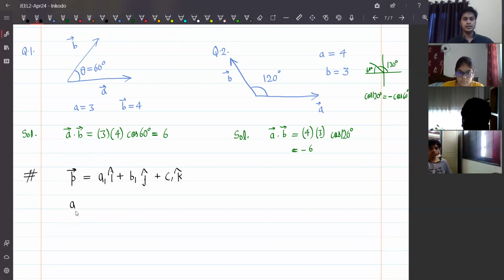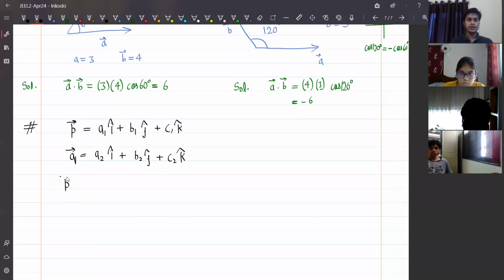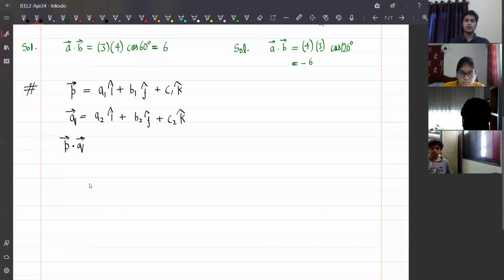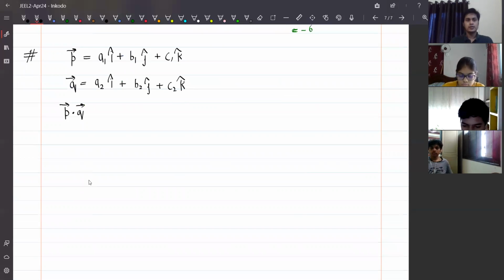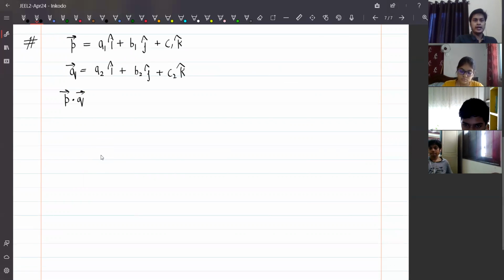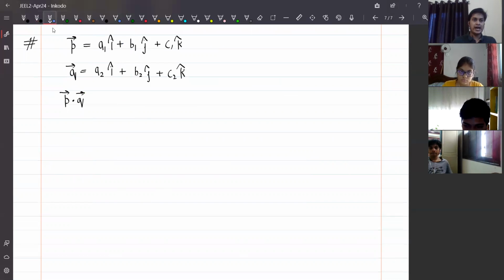And I have a second vector, Q vector, that is A2 i cap plus B2 j cap plus C2 k cap. And I want to find P dot Q. So to find P dot Q, first we have to write the dot product of i dot i.